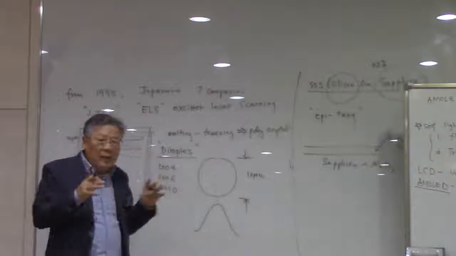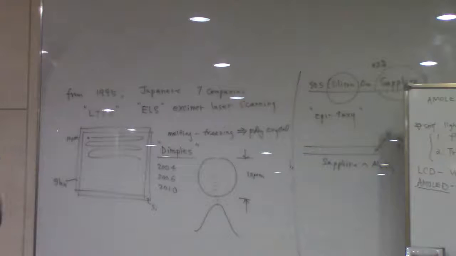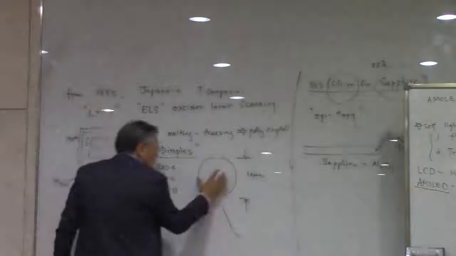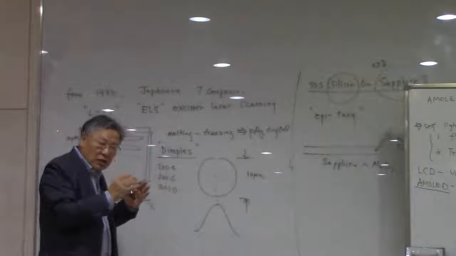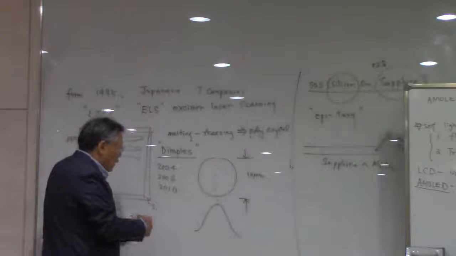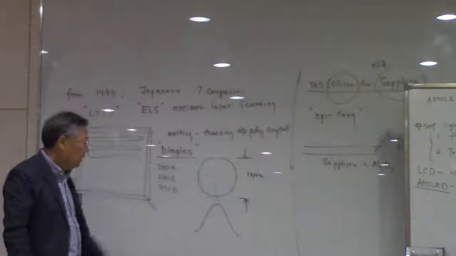And then when it becomes a solid, then it's going to be condensed. I mean, the volume is going to be shrunk, so that at the center, the liquid is going to be merged at the center, so that you end up with some kind of dimples like this.